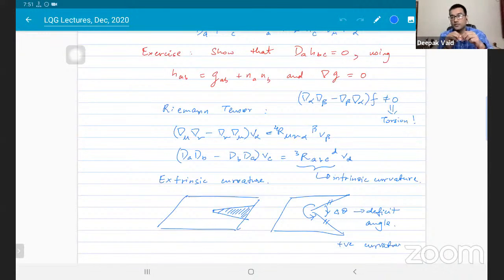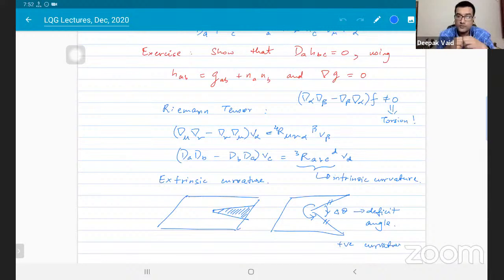Well, something peculiar happens in 2 spatial dimensions. Are you talking about gravity in 2 plus 1 dimensions? Yes, gravity in 2 plus 1 dimensions.